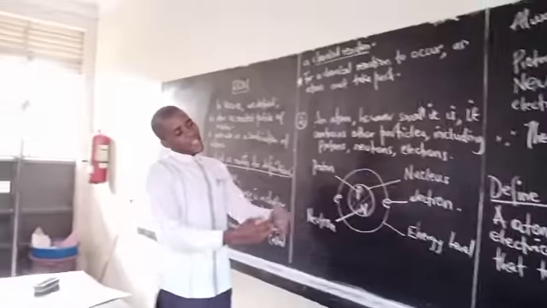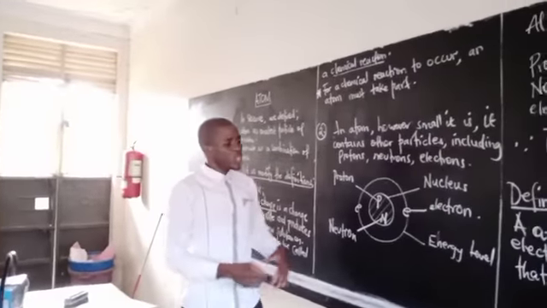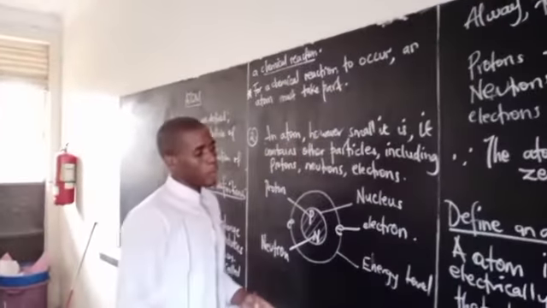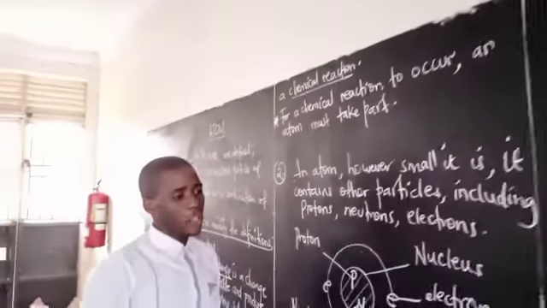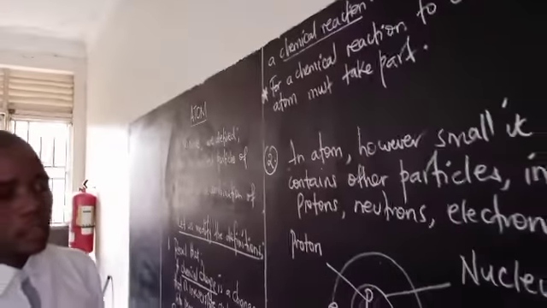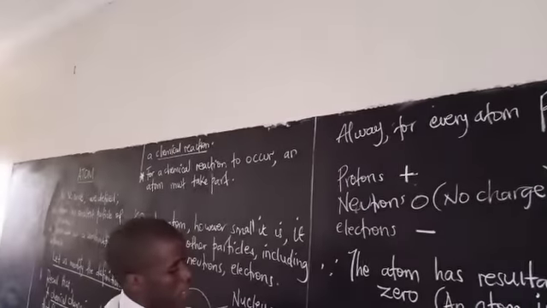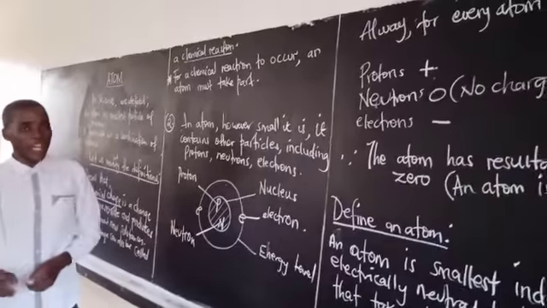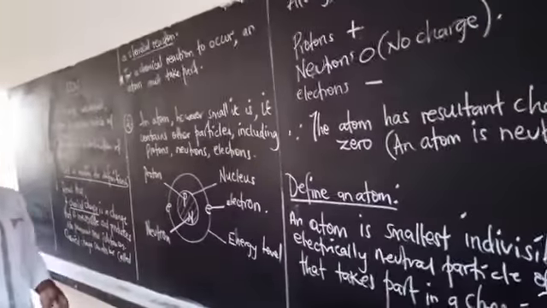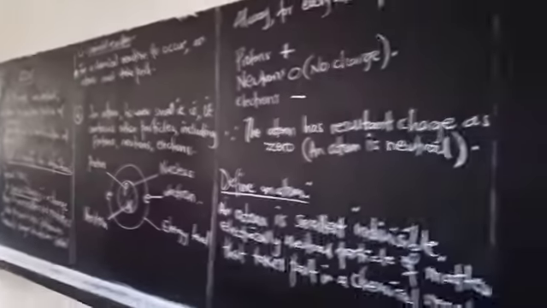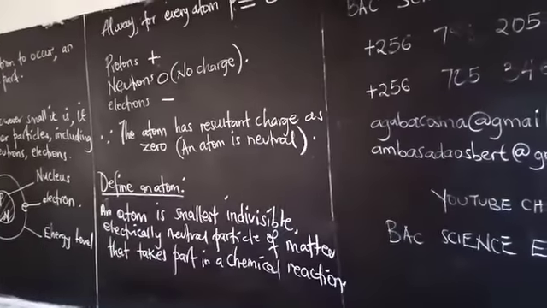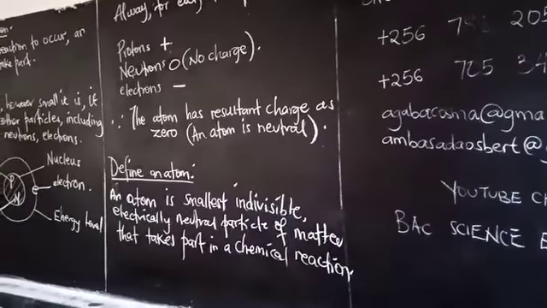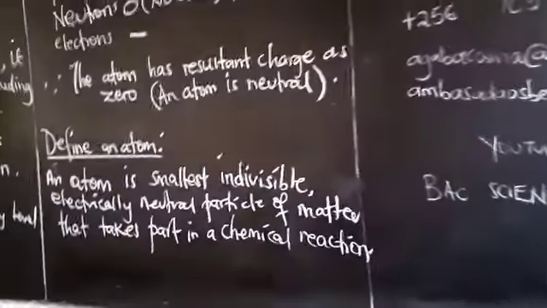So this is the definition that is rich enough, that contains all properties of an atom, and it is this definition of an atom that we shall always use in every question that requires you to use the definition of an atom.